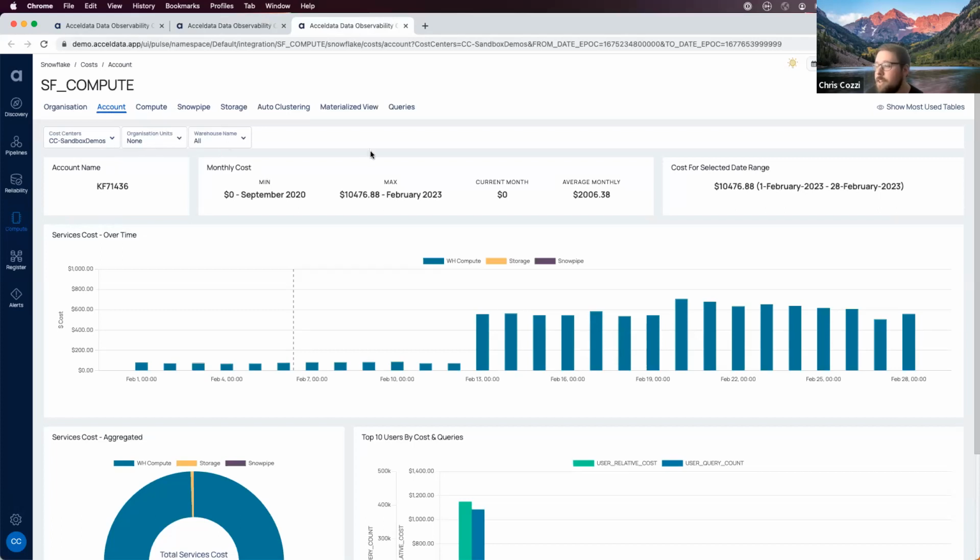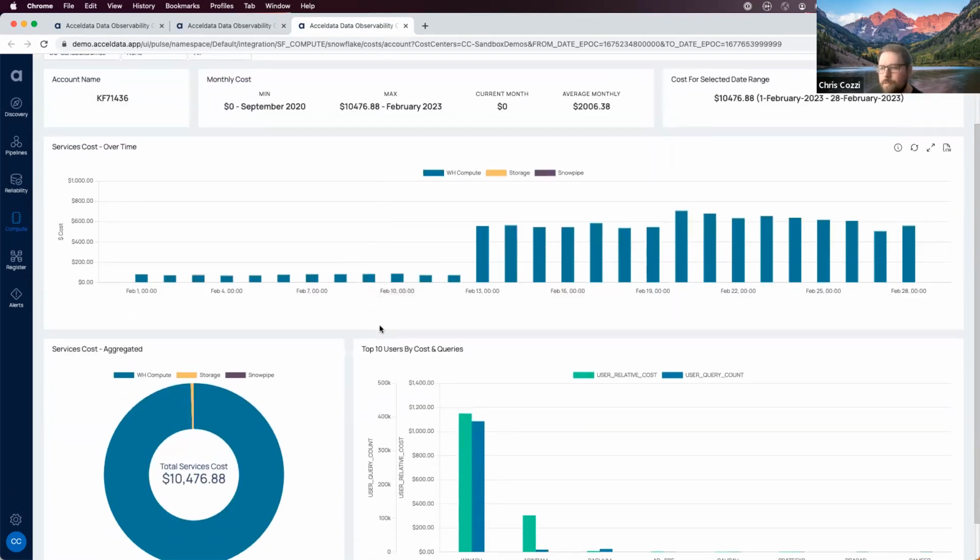One of the first things I can glean is that we were pretty consistently low on spend, but halfway through the month of February, we popped up and then we're consistently spending a lot. This isn't a trend I would expect to see. I would expect the pre-sales team to slowly grow their usage, but since it jumped up in just one day, that seems a little suspicious to me.